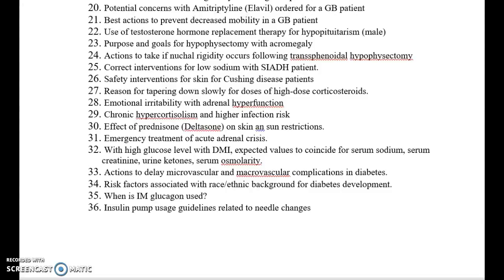Safety interventions for skin for Cushing's disease. I think this might be just a little bit off in terms of what the actual thought process was there. It really should just be safety interventions for Cushing disease patients, period.